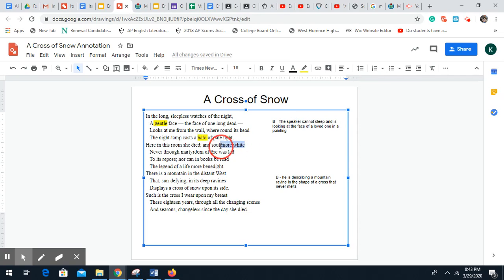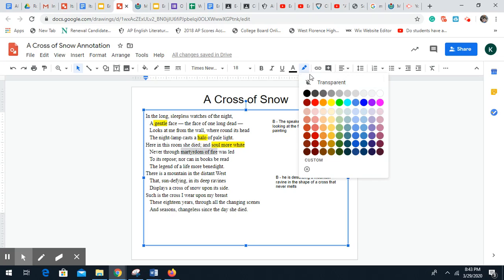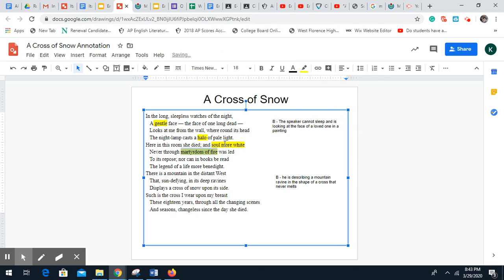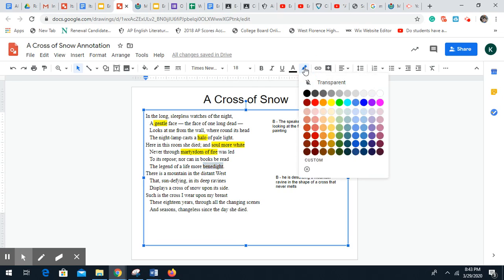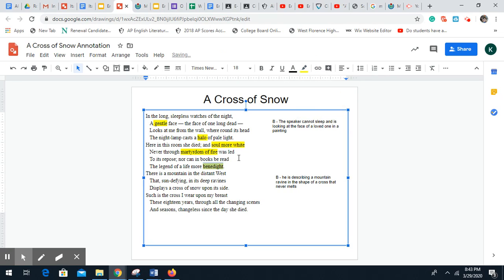Here I'm going to highlight the whole phrase where he's describing her soul as white. I'm going to highlight the martyrdom of fire because I think that's an interesting metaphor there. And perhaps this word here, benedict. The word benedict means blessed. And that might be a word that you would look up.